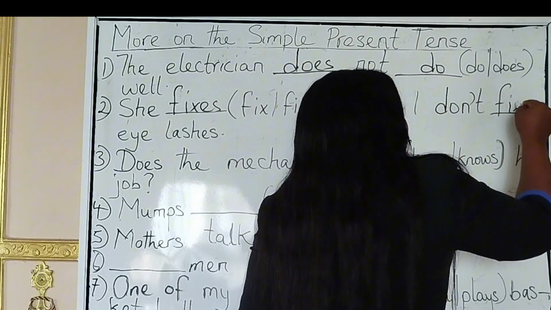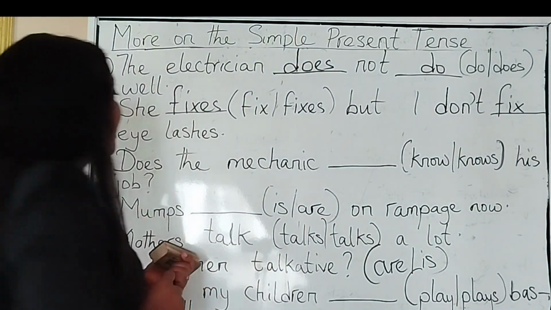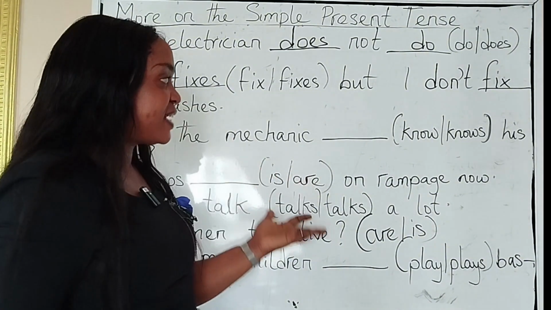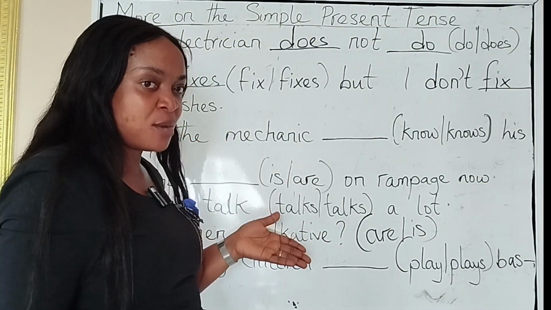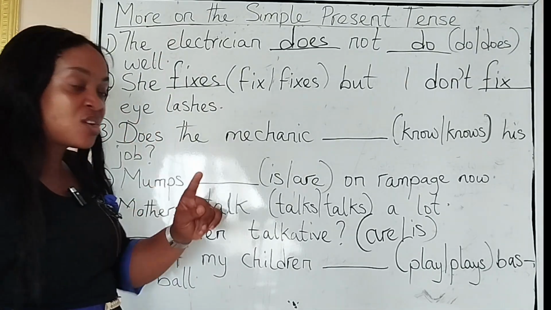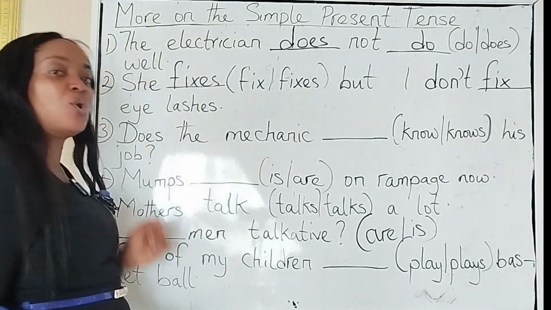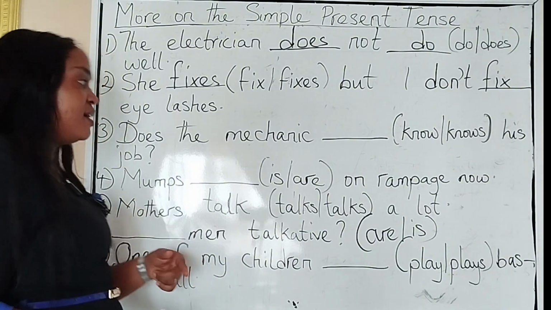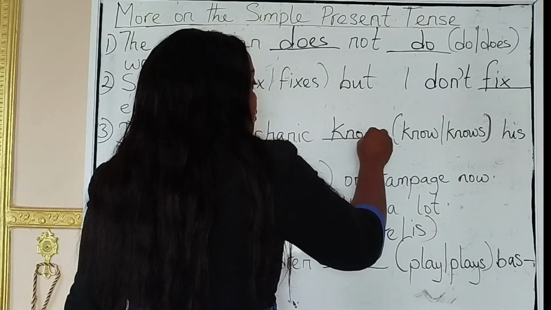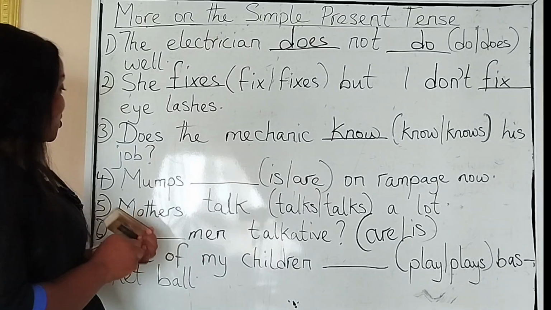Correct. All right. Does the mechanic know his job? Does the mechanic knows his job? Which one? Of course, does has already agreed with the subject here. So you don't need to say knows again. You just need to say know. Correct. Let's go to number 4.